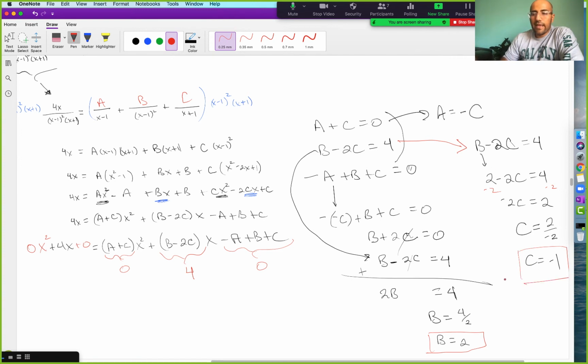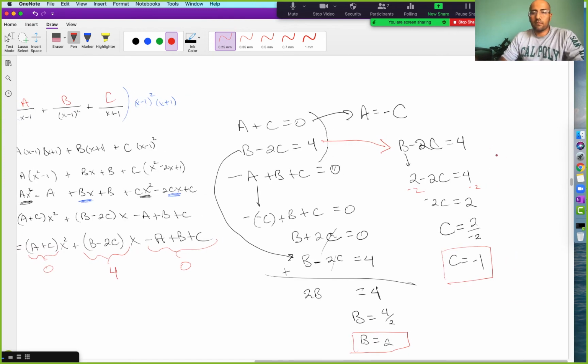And I get that a from up here, that a was equal to negative c. A is equal to negative c, where the c is a negative 1. So a must be equal to positive 1.